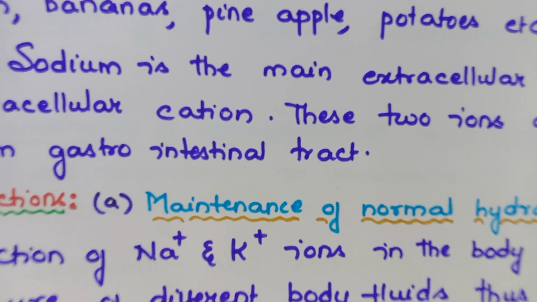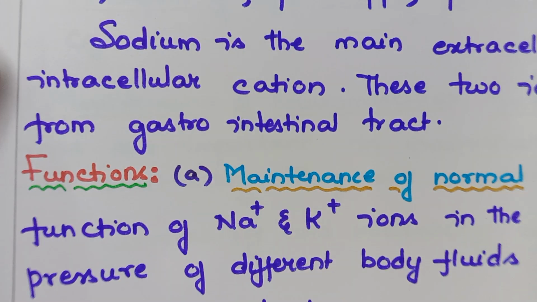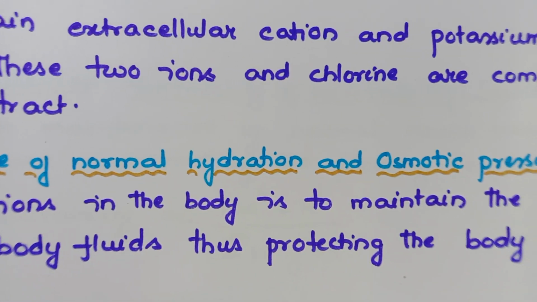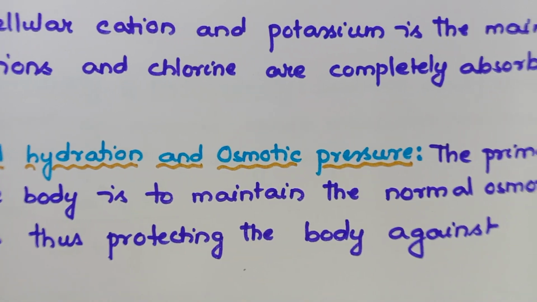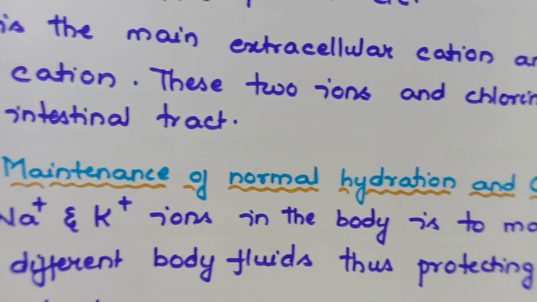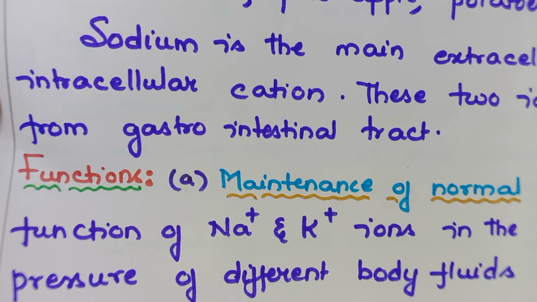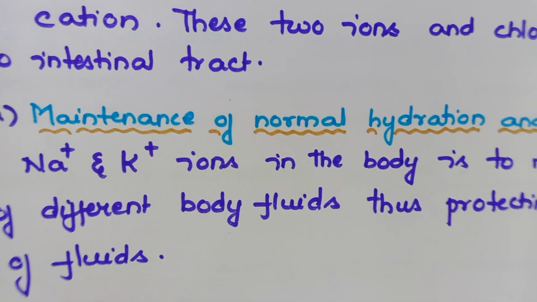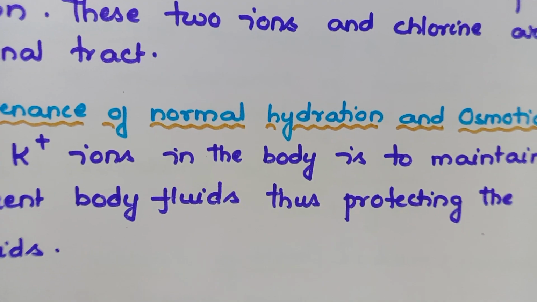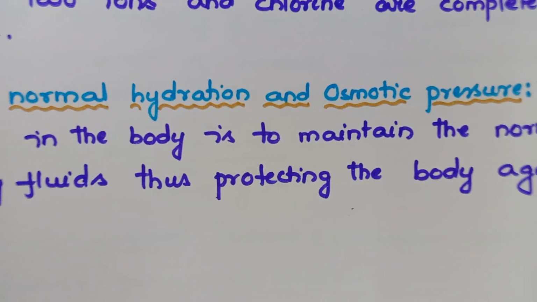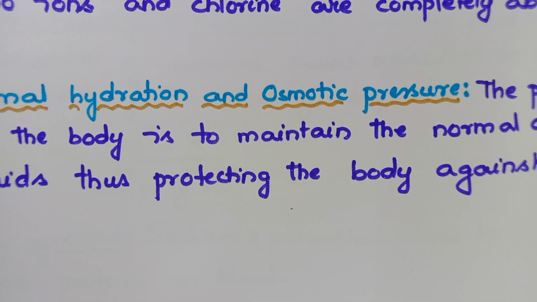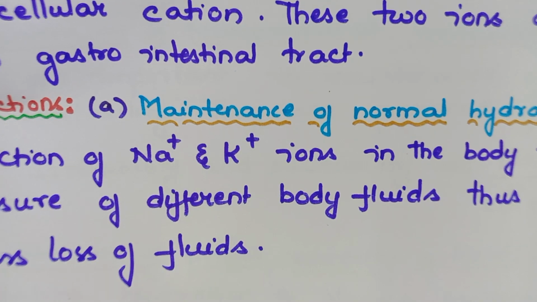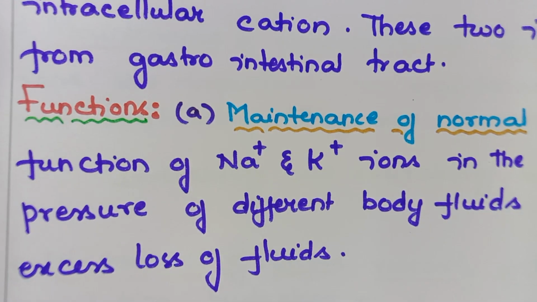The primary function of Na+ and K+ ions is to maintain the normal osmotic pressure of different body fluids, thus protecting the body against excess loss of fluids.